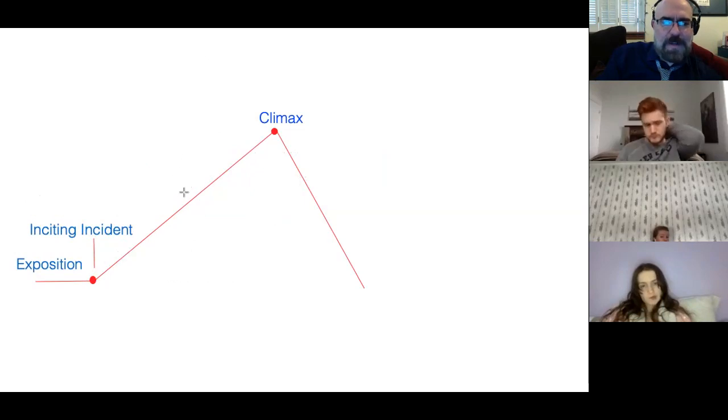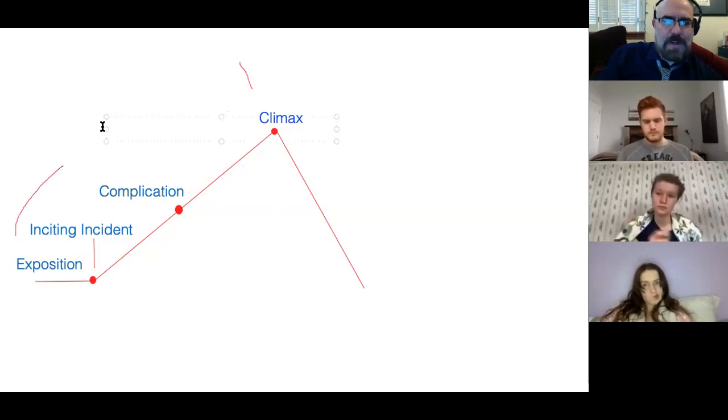So again, the placement on the pyramid is less important, but what we have here then is complication. All of this here, so everything from down here all the way to here.